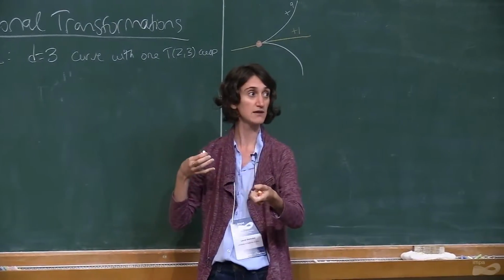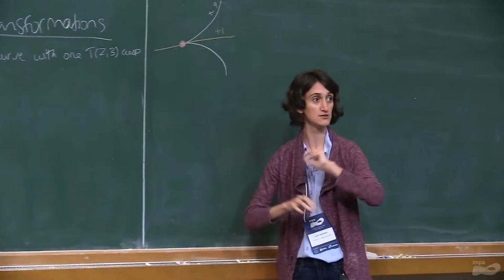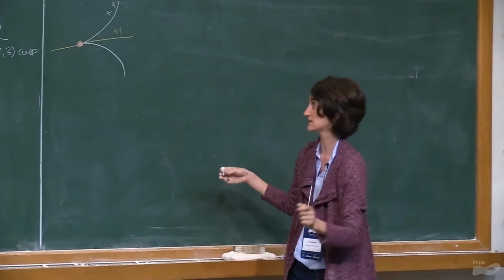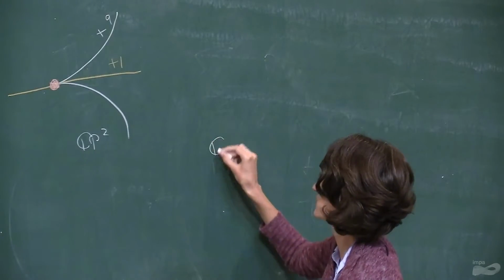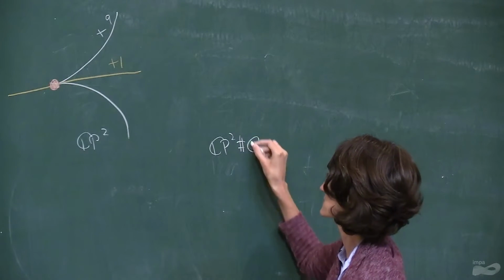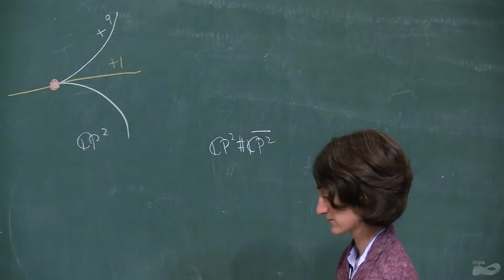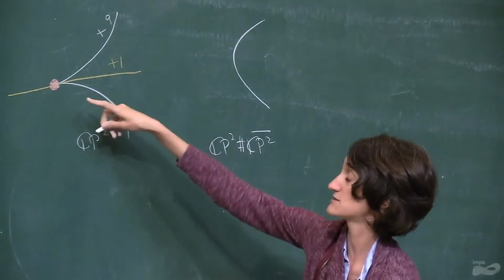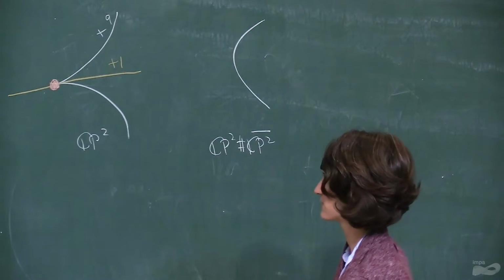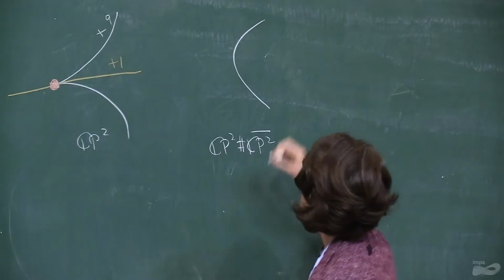If you blow up, you get rid of the singularity, but you still keep your low genus. The cost is that instead of being in CP2, we've gone into a different manifold. So we're in CP2 blown up once. The curve, if you started with this simple cusp coning on the trefoil, becomes smooth.